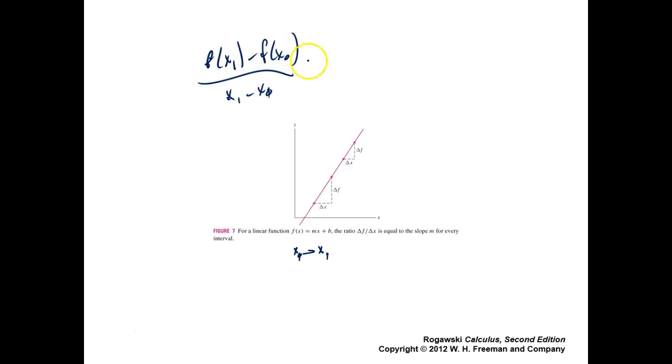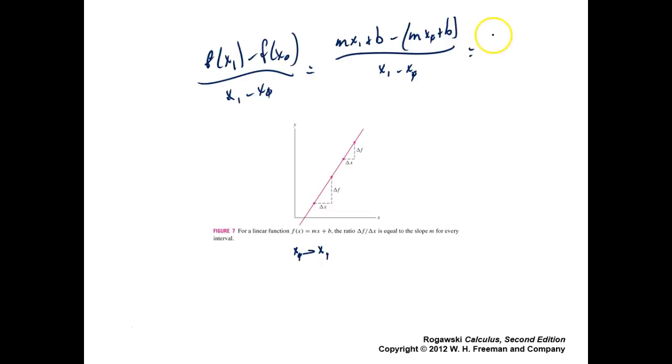So, the f of x1 would be mx1 plus b minus mx0 plus b, right? Over x1 minus x0. Okay?